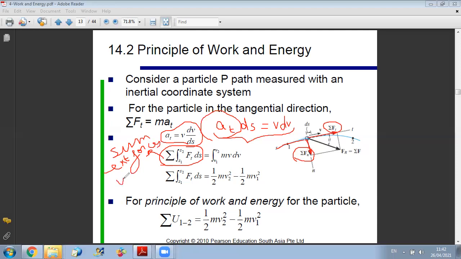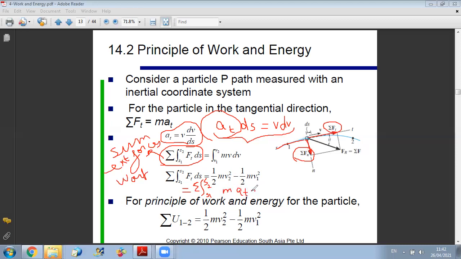Now we will replace first F_t by m a_t. Okay. So in the first step, I can put instead of F_t, m a_t, so it will be the sum of the integral from s1 to s2 of m a_t ds.